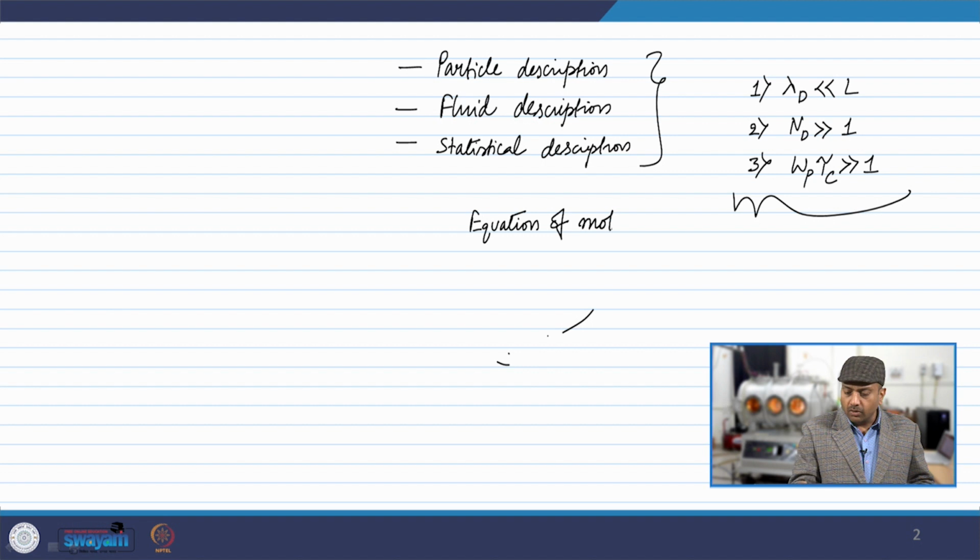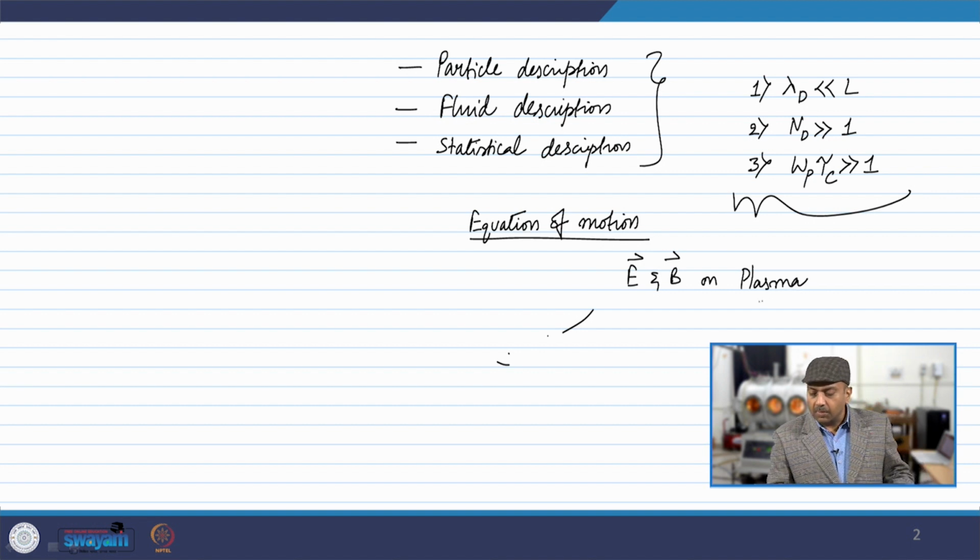So, what are you trying to understand? You are trying to understand what will be the influence of electric field and magnetic field on plasma. Now, what is plasma in this case? It is a collection of particles, and this collection can be such that the number of particles per unit volume is very high or low.